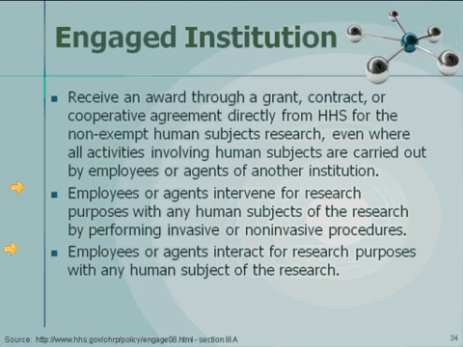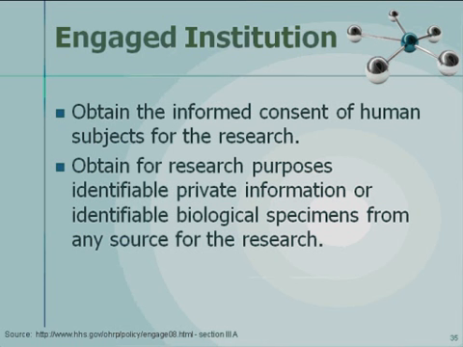But again, these definitions are talking about institutions. And so if the employee for that institution does these activities, then that institution is considered engaged. But it doesn't help us a lot in terms of really determining who in a given trial needs their HSP or GCP training. So other clear-cut cases are if you're obtaining informed consent on human subjects, you're clearly engaged in the research and would need training.